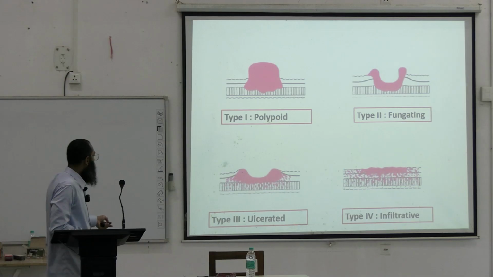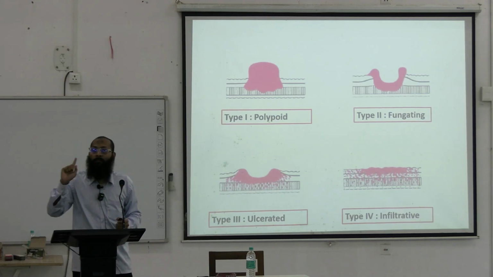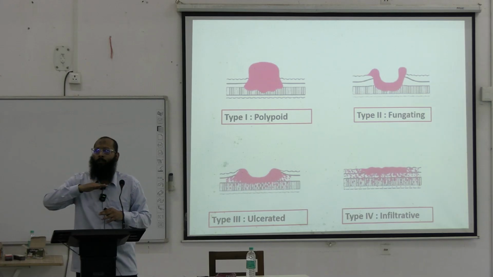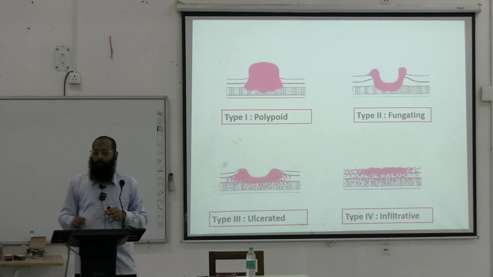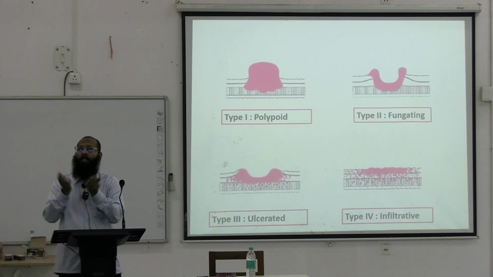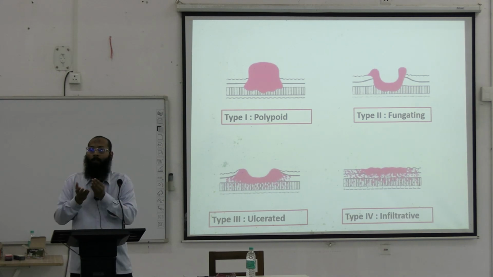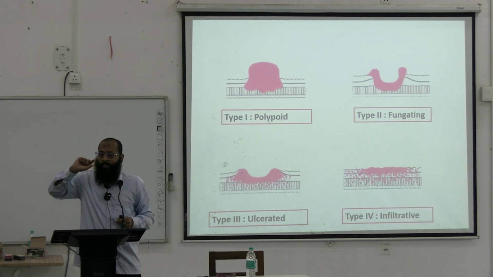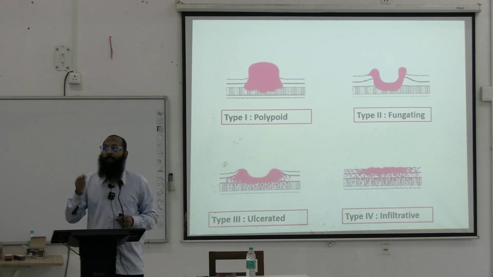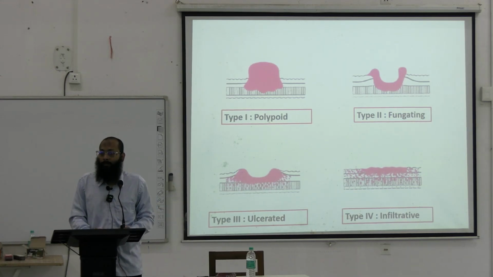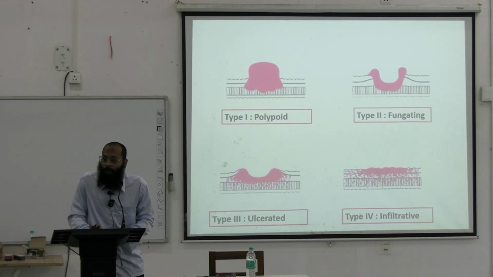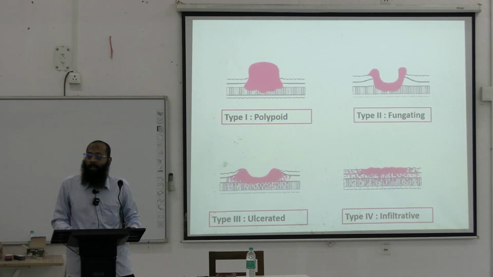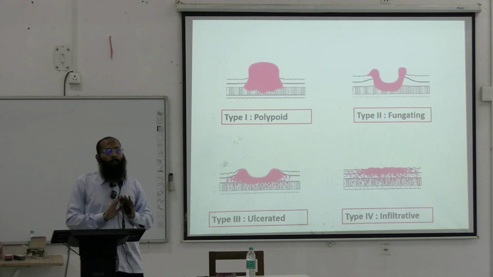This is the ulcerated. And type 4, infiltrative. There is no visible mass, no ulcer in the stomach. Rather, the whole stomach wall has got thickened because of this cancer. Fine? Clear to all? This is type 4, which is infiltrative. Is it clear to every one of you?